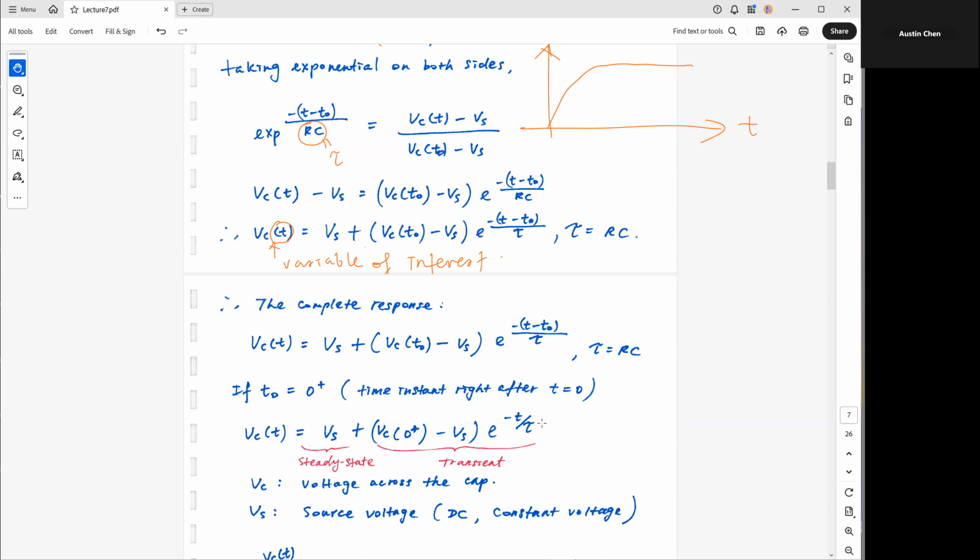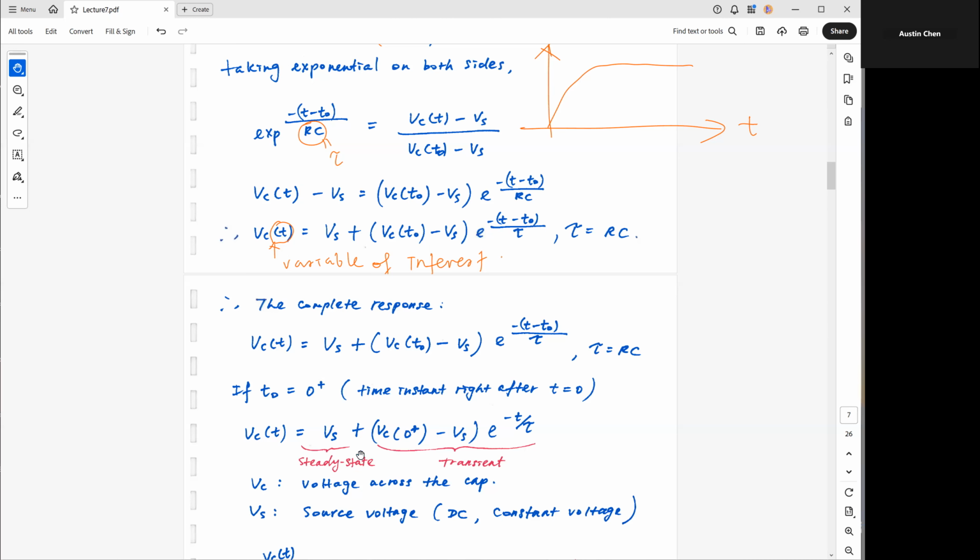Now take a closer look at this equation. Remember earlier, we said that the total response is equal to the transient response plus the steady state response. Now if you look at this equation, it's not difficult to see that this part here, Vs, takes care of the steady state.